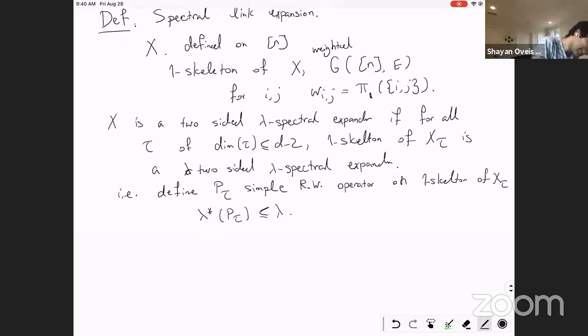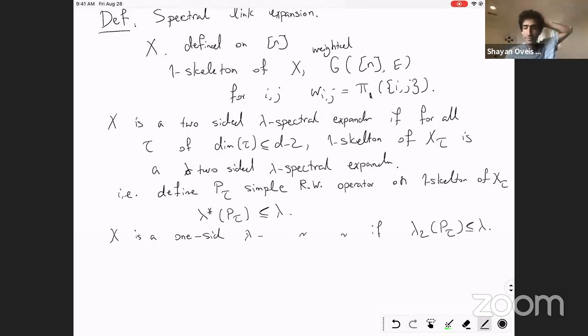And similarly, we say X is a one-sided lambda spectral expander if lambda 2 of P of tau is less than or equal to lambda. Any question?